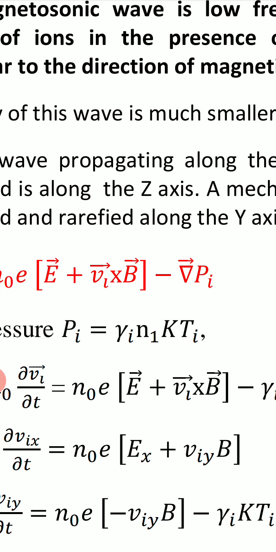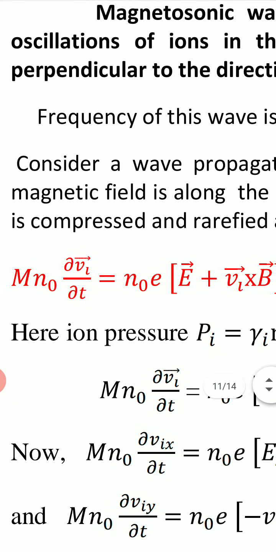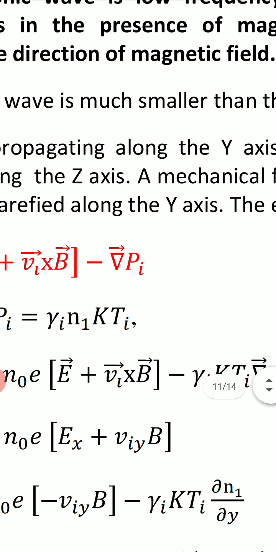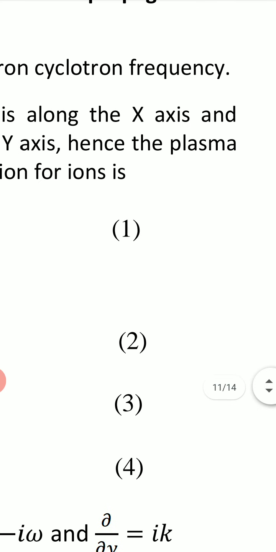When propagation is along the direction of magnetic field, it will be Alfven wave, and when propagation is perpendicular to the direction of magnetic field, it will be magnetosonic wave. Frequency of this wave is much smaller than the ion and electron cyclotron frequency.